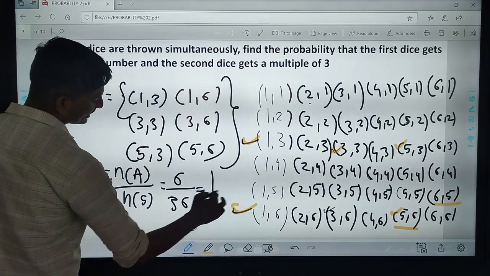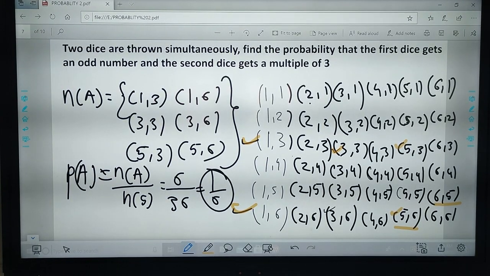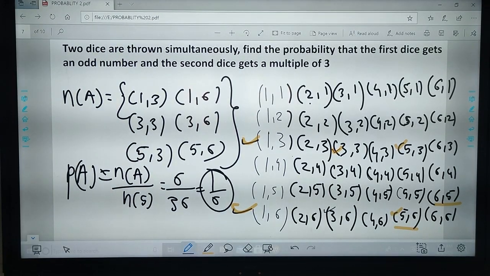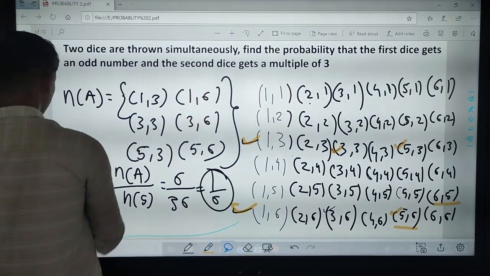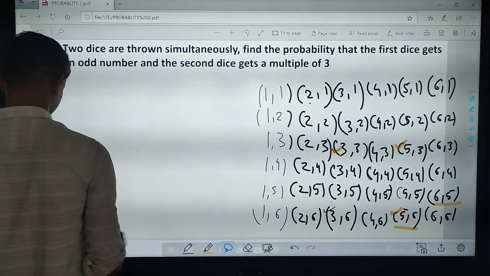Then your answer is 1 by 6. So the probability that the first dice gets an odd number and the second dice gets a multiple of 3 is 1 by 6. Now next.